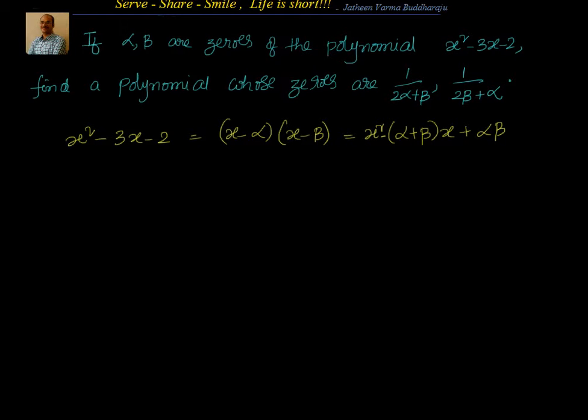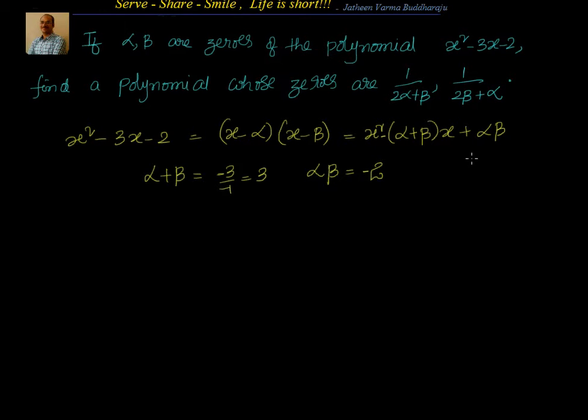Now you compare the coefficients of x square and x, you will see that alpha plus beta equal to minus 3 by minus 1, that's equal to 3, and also alpha beta equal to minus 2, the constant term.